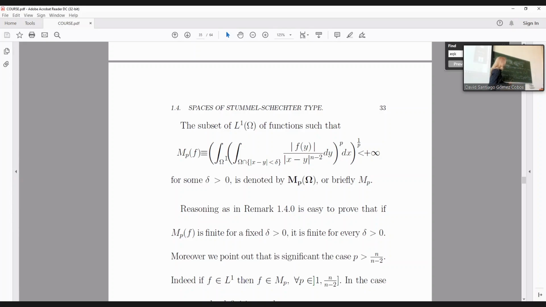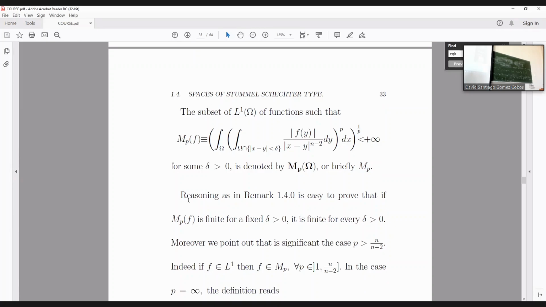So I copied it here because later probably changing the slides is not so immediate to recall it. This should be finite for some delta more than 0. Well, we briefly define this not only MP omega but MP. So it's easy to prove that if the norm of f in MP is finite for fixed delta, it is finite for every delta more than 0, and this is similar to the previous remark we just today proved.